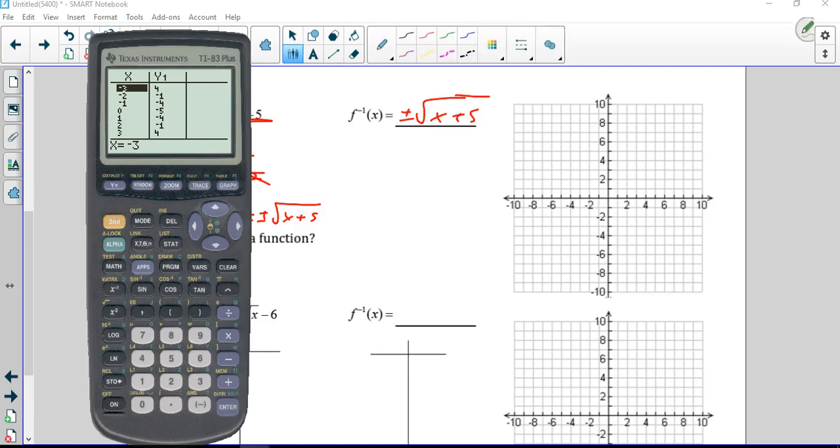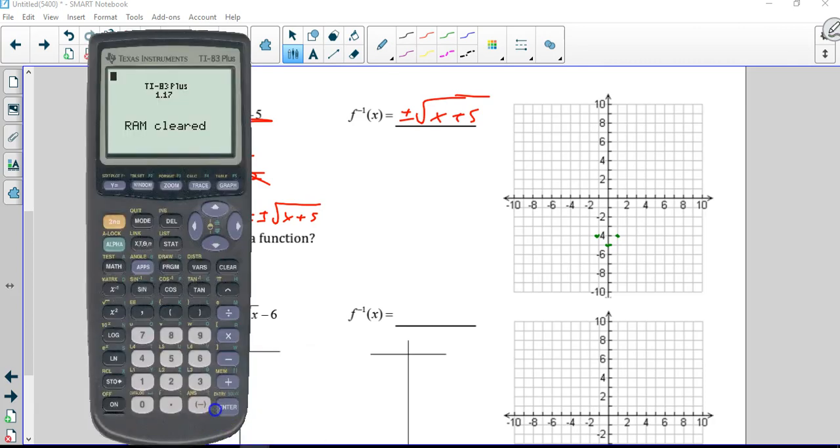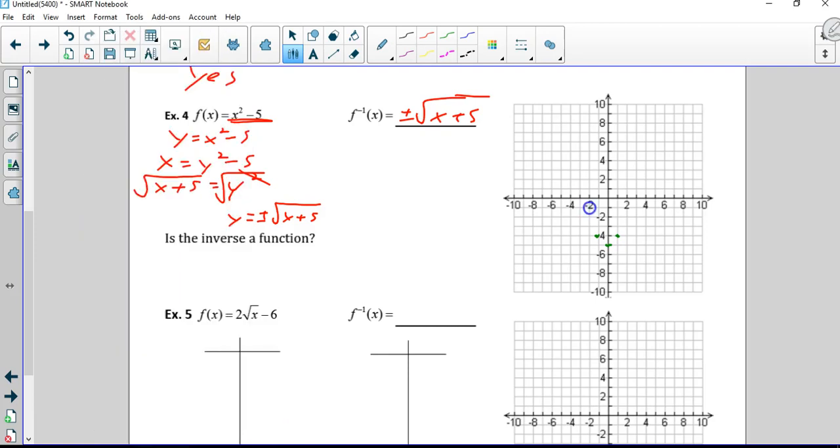So it's going to be the same one: 0, -5, 1 and -1, -4, 2 and -2, -1, and so forth. It gives a pretty good idea of what it looks like.